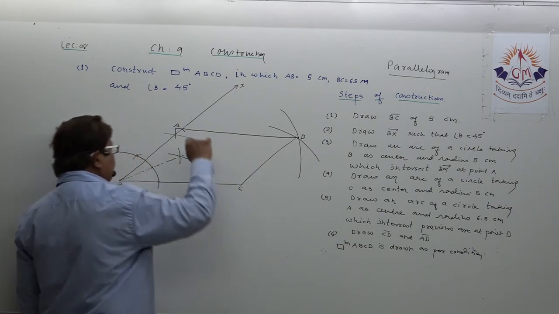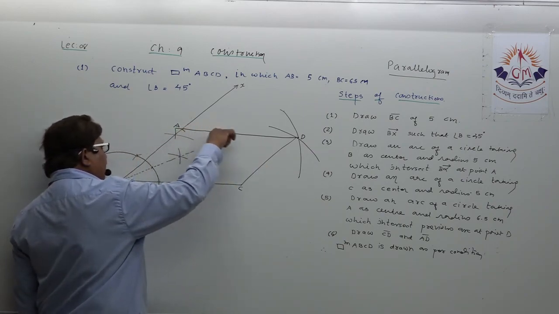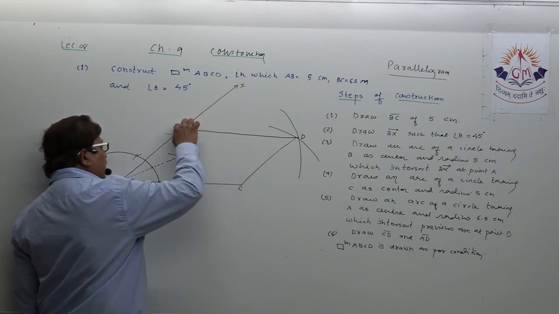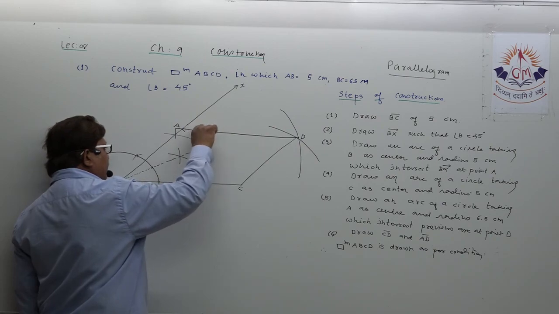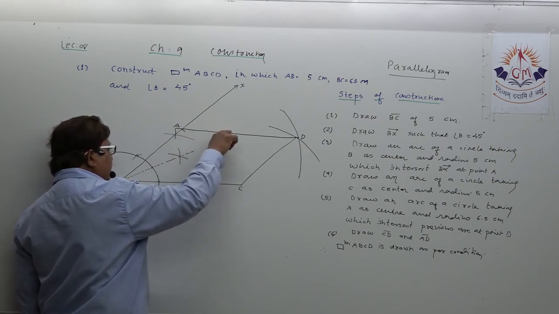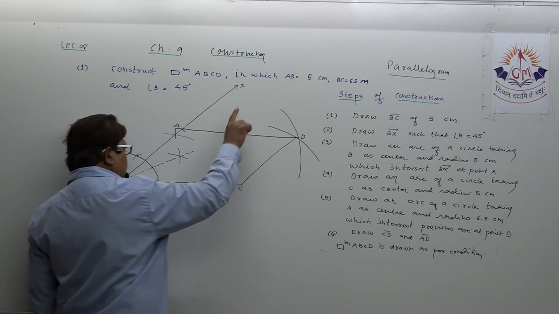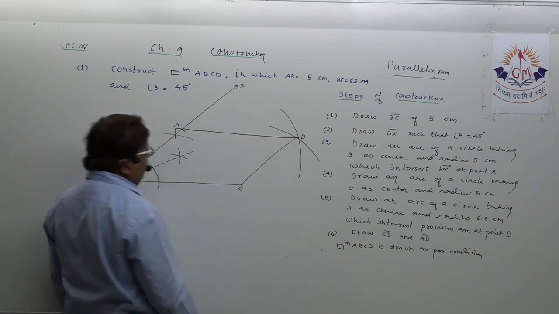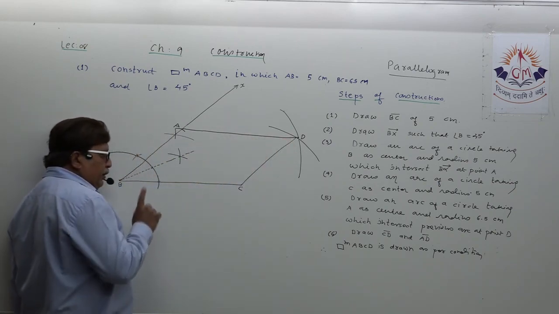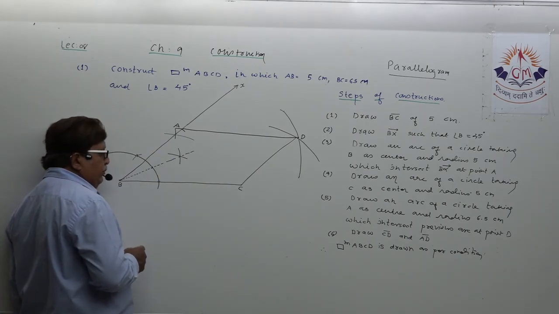Then draw an arc of a circle taking A as center and radius of 6.5 centimeter, which intersects the previous arc at point D. After you got point D, which was the next step you followed?